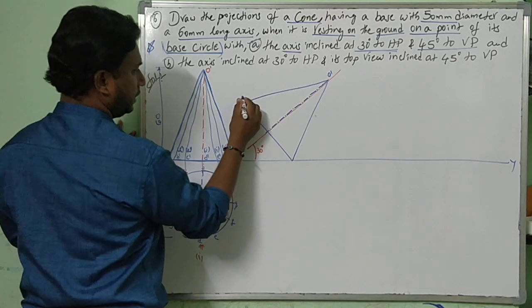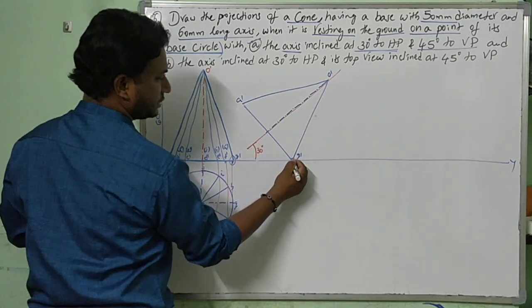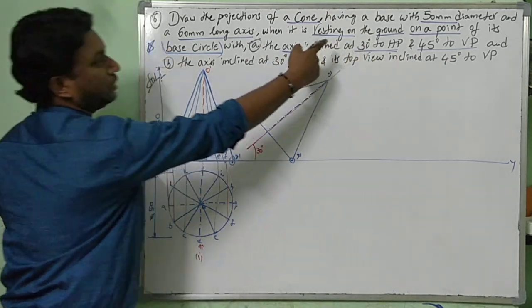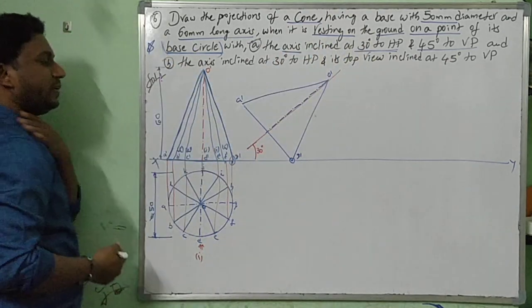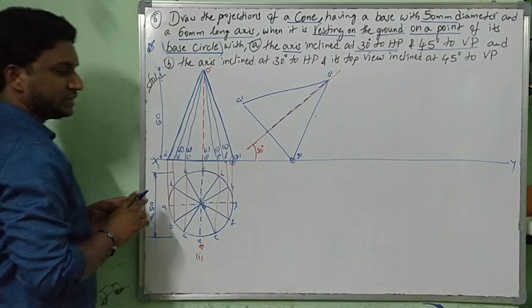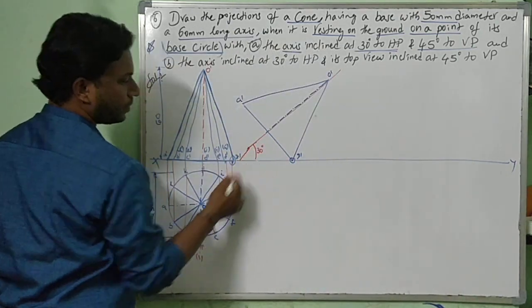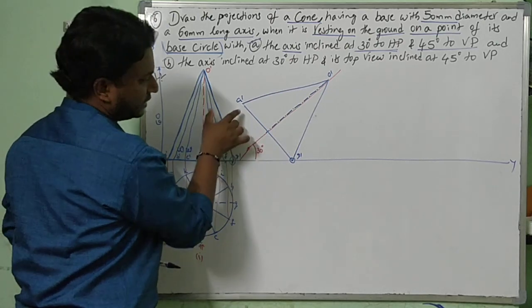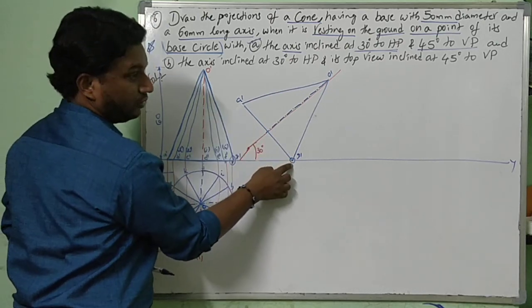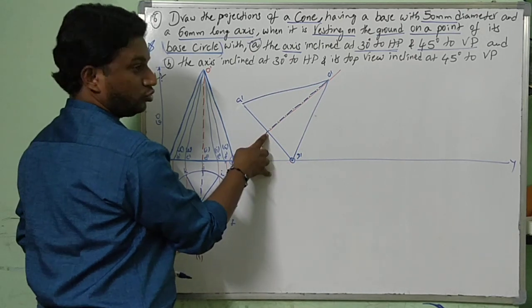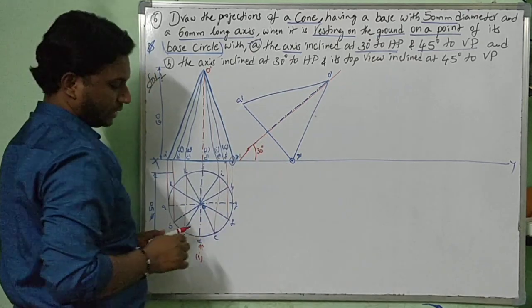Now this is A dash, this is G dash. This is in contact with XY line. Why? Because one point is resting on the ground, a point of the base circle, right? Already this I have explained to you. You are supposed to do trial and error such that 50 comes: 5 centimeters on your scale should touch here, 25 mm come here, 0 should start here. Trial and error method.